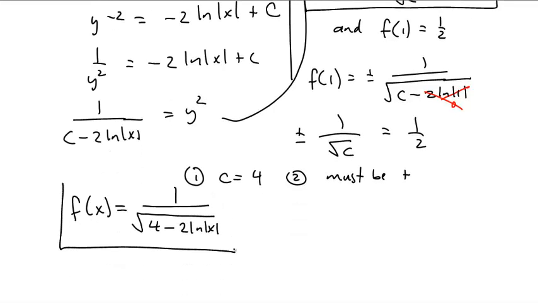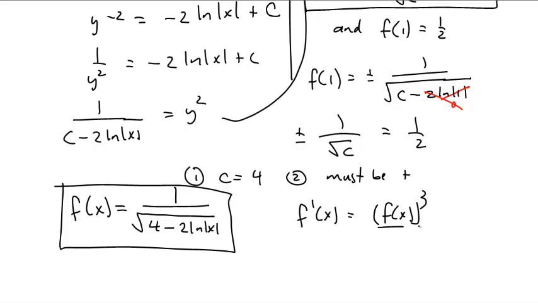It has the initial requirement, which was what? The derivative is the original function cubed over x, and f of 1 has to be 1/2. Well, certainly f of 1 is 1/2 because this goes away and you get 1 over square root of 4.